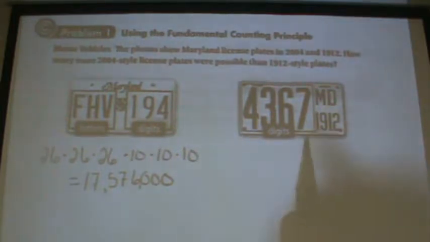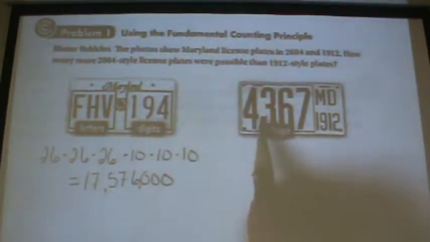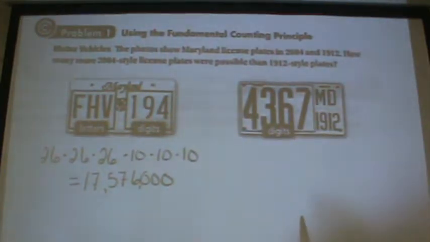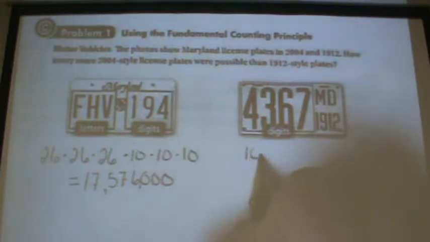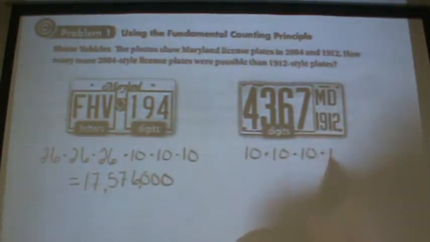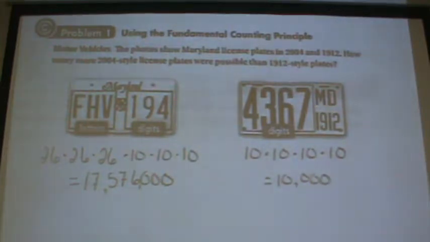And then looking at the 1912 plate, you only have 4 numbers. So that would be the 10 times 10 times 10 times 10. And that equals 10,000. So it wants to know how many more plates we had in 2004 than we could have had in 1912.